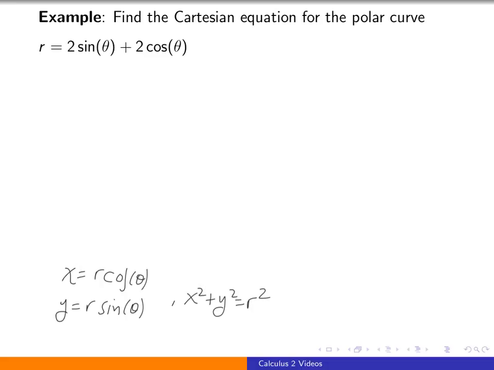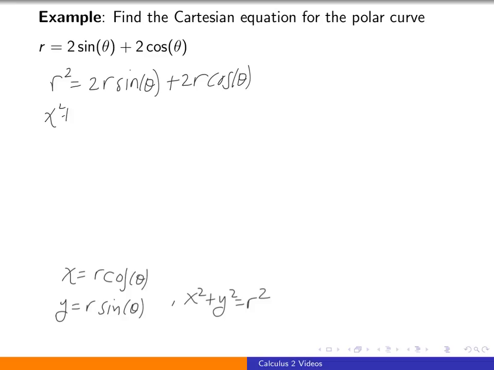If there was an r squared, we could conveniently rewrite it in terms of Cartesian equations. If there was an r with the sine and an r with the cosine, we could also rewrite that more conveniently. So let's multiply both sides of the equation by r. As long as you do the same thing to both sides, you get an equivalent equation. So r squared is equal to 2r sine theta plus 2r cosine theta.